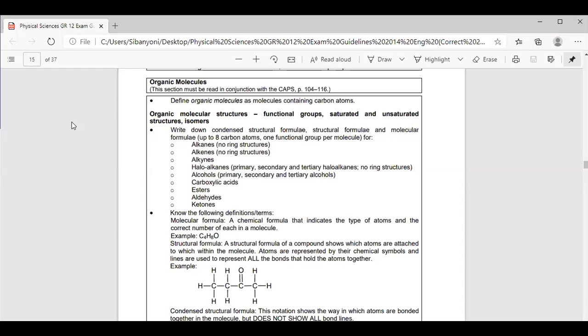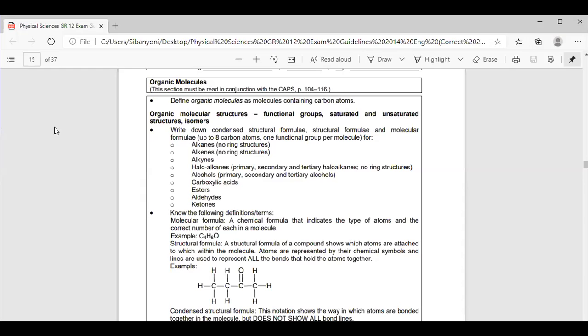This is a section where we actually identify molecules also using their functional groups to assign them to a particular homologous series. This is where we learn the different types of homologous series that you get, meaning the different types of organic compounds that we actually get. So we will have to learn more about that.